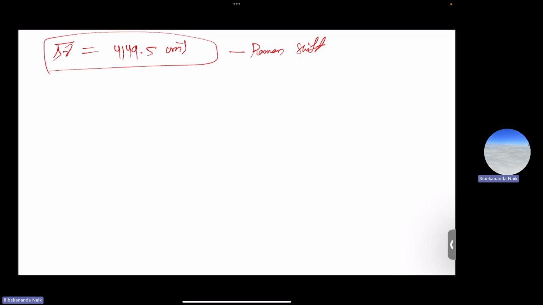At the beginning of the session we discussed that the selection rule is delta V is plus minus 1. So the shift will be equal to plus minus omega E. So omega will be 4149.5 centimeter inverse.